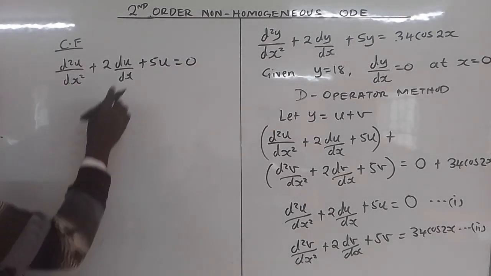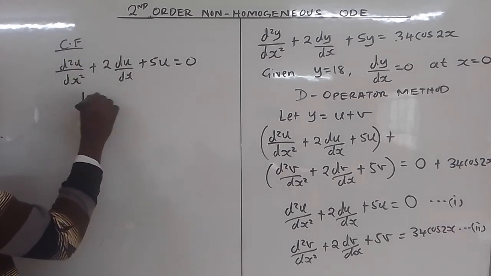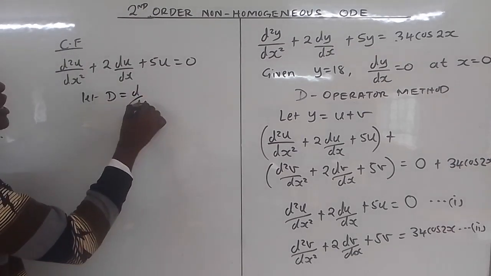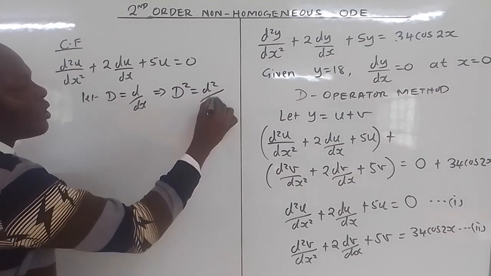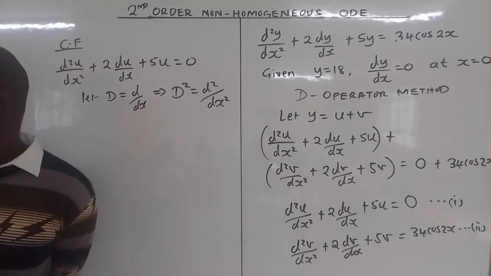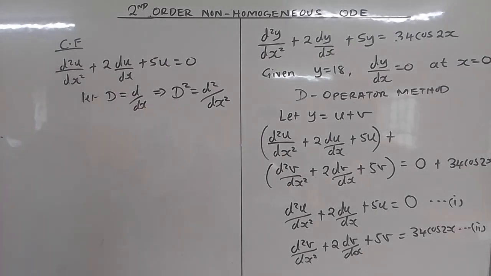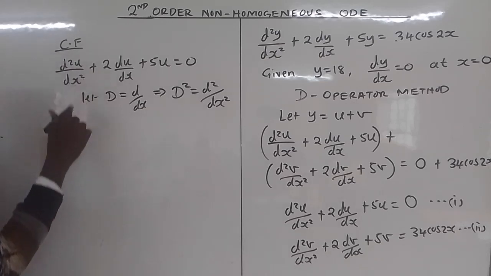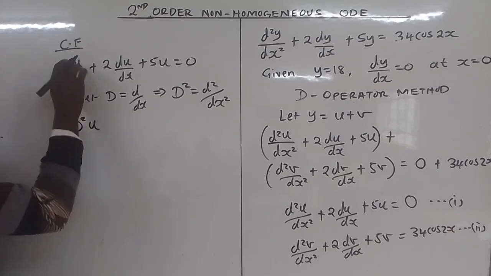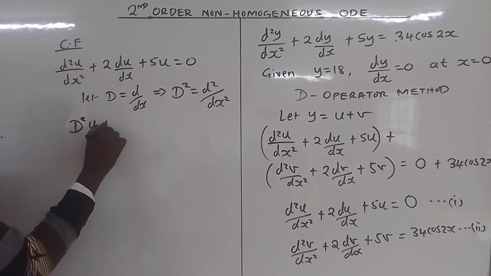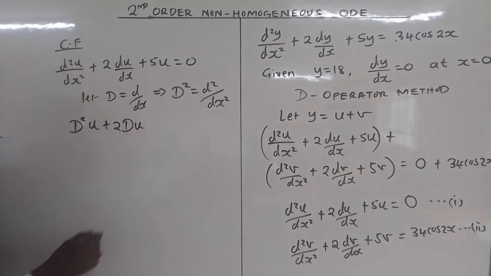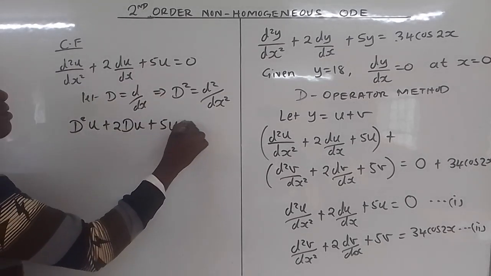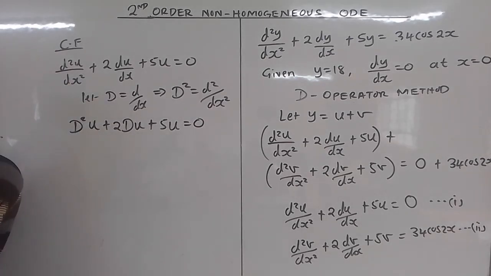You let D be d dx, so D squared is d squared over dx squared. So you do the substitution: D squared times u, plus 2 times D times u, plus 5u equals 0.